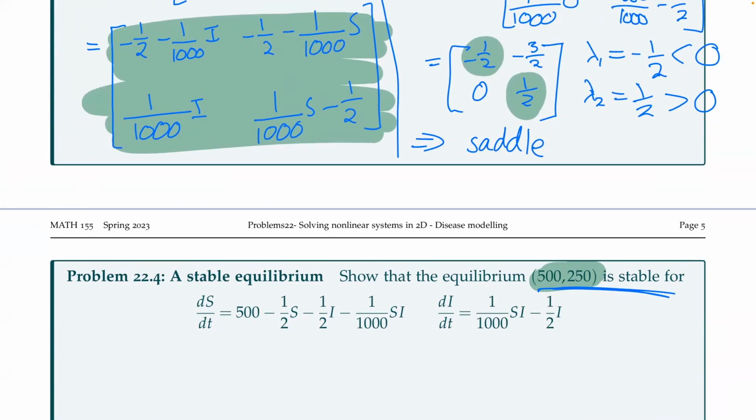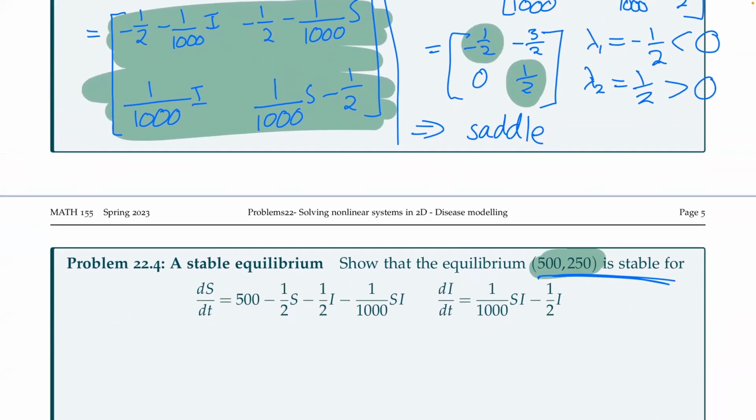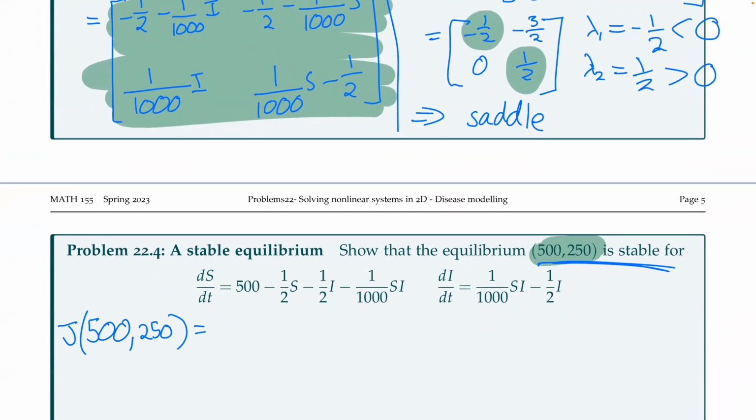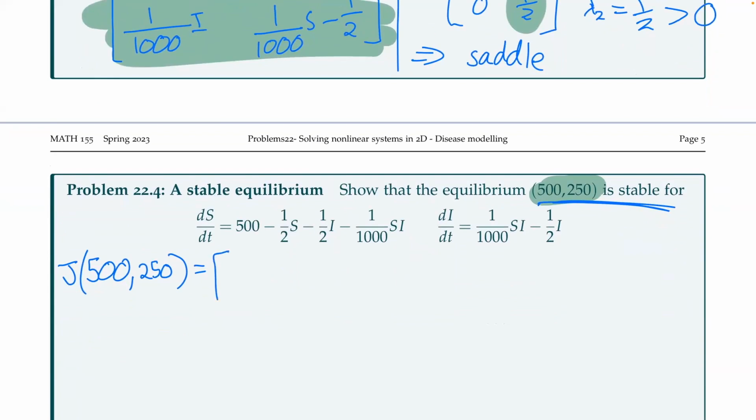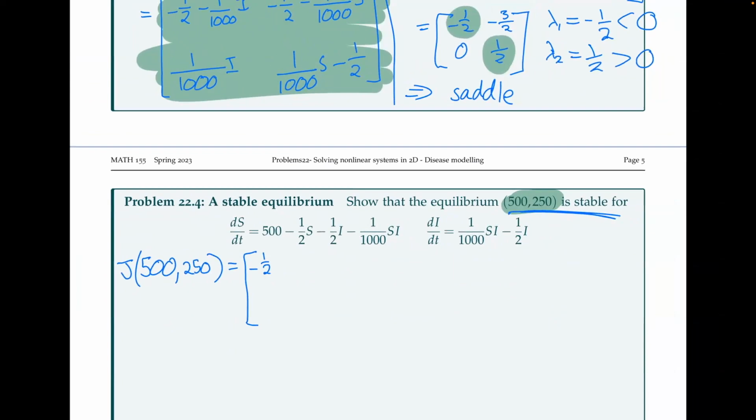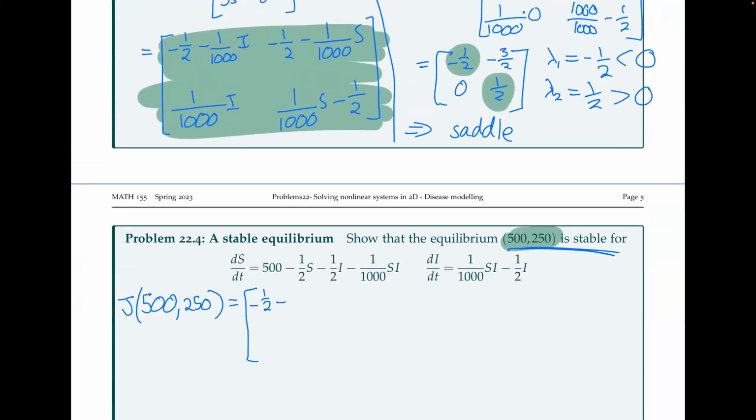Okay, let's work through this one. So to understand the stability at this equilibrium, quiet guys, thanks. We just need to substitute into our Jacobian above, the matrix that's shaded green, these values for S and I. So what are we going to have? We're going to have minus a half minus 1 over 1,000 I, so I is 250.